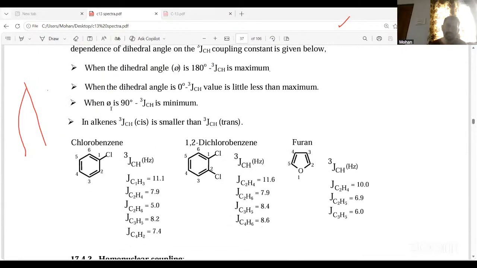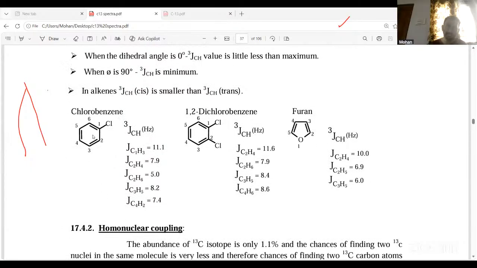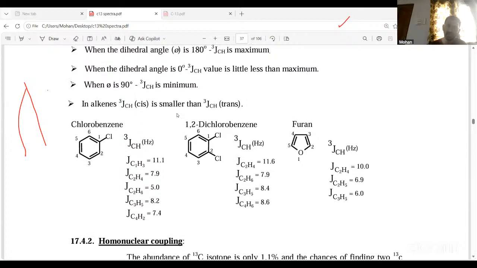Now you see in the aromatic compounds, here the dihedral angle. The coupling between the hetero atoms like carbon and hydrogen in the aromatic compounds depends on the dihedral angle here.